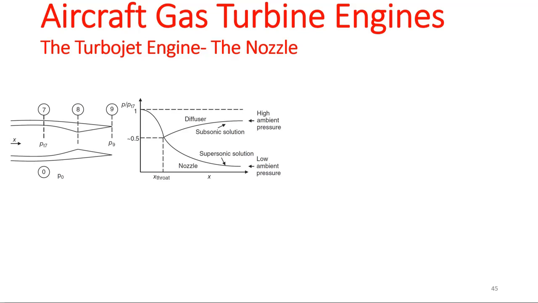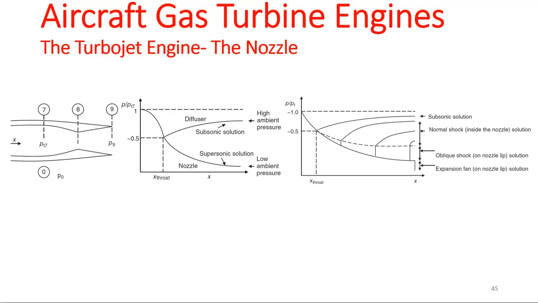Okay, yeah, exactly. So it's going to increase in speed, but it is not a sustainable solution, as we have already seen, right? What's going to happen inside is that, based on that back pressure, you will get different solutions. You either will get a normal shock to bring the pressure up, or, based on your back pressure, you will get an oblique shock, which will bring your pressure up again.